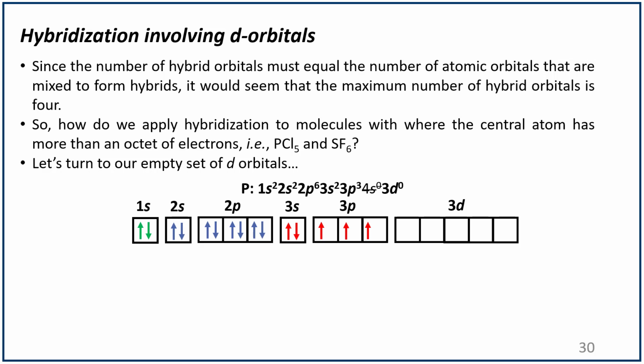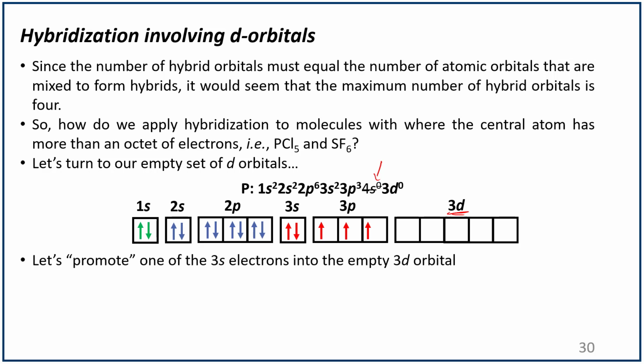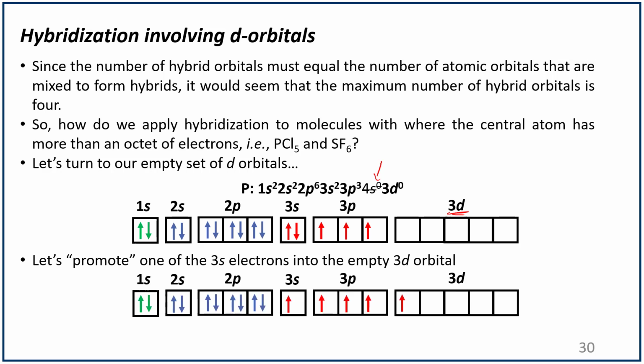Sure, according to this one, we also have empty 4s orbitals. Let's for now just consider the 3d orbitals because they have the same principal quantum number as 3s and 3p. So doing the same thought experiment that we did before, if we promote one of the 3s electrons into the empty 3d orbital, then we will have this scenario.